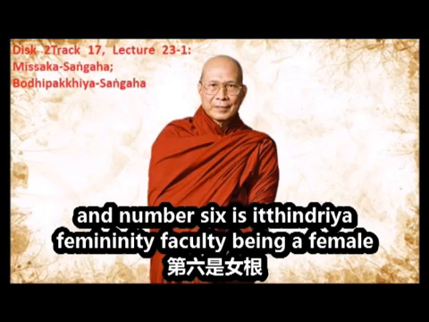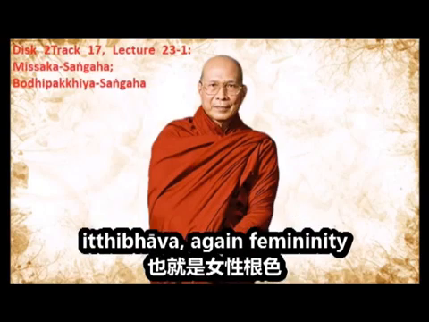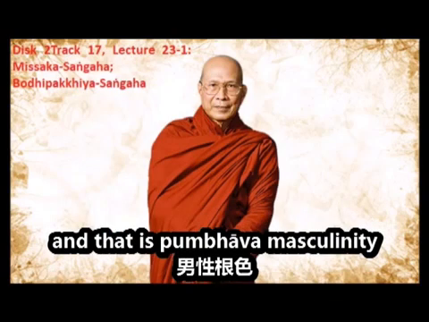And number 6 is itthindriya, femininity faculty, being a female. So that is among the 28 material properties, itthibhava, okay, femininity. And number 7, purisindriya, masculinity faculty, and that is pumbhava, masculinity.